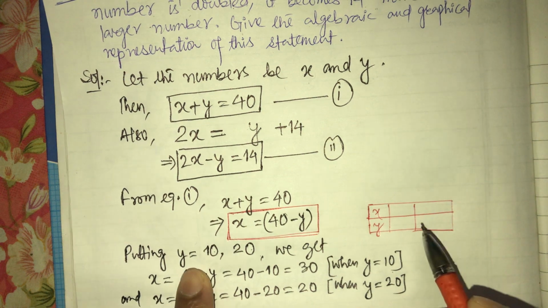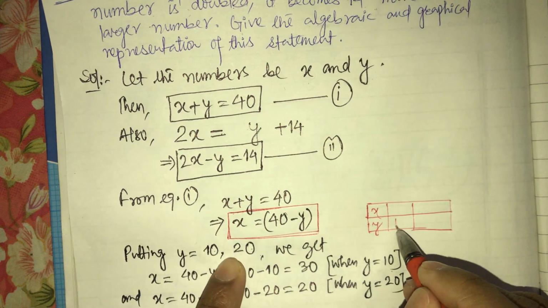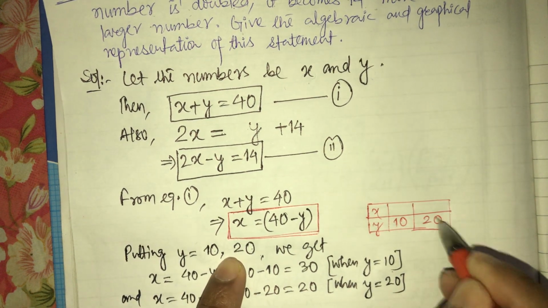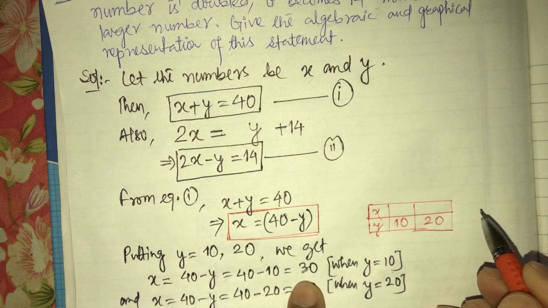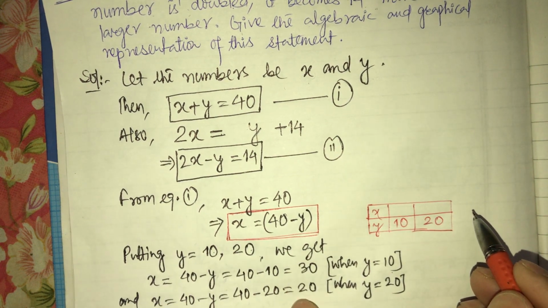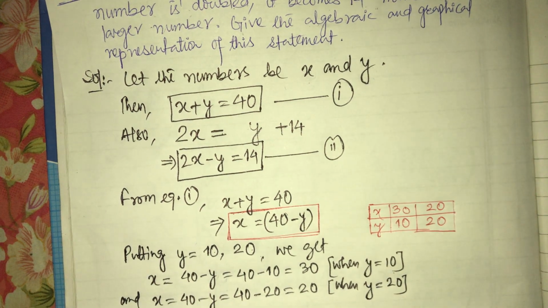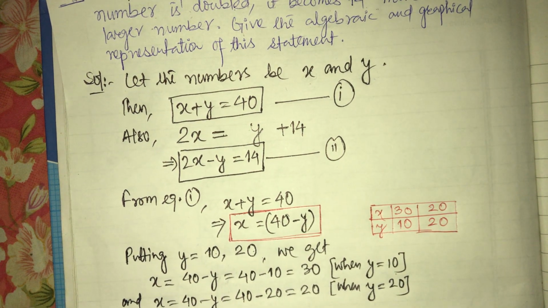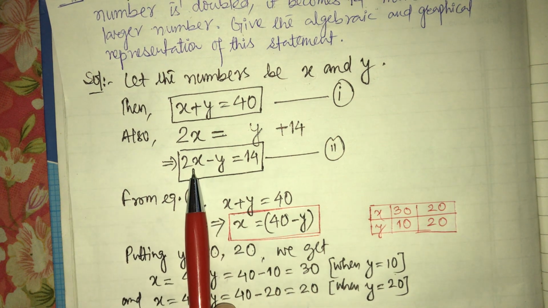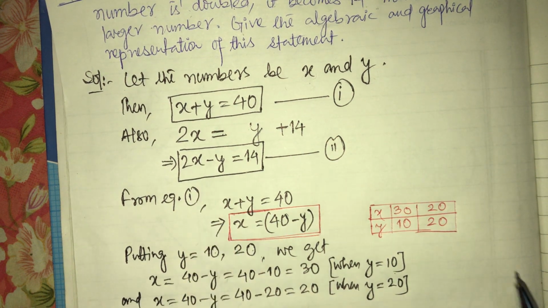First we assume the value of y as 10 and 20, so let me write 10, 20 for y, and accordingly x becomes 30 and 20. So the first table is ready. Now we shall go for the second equation. We'll use the second equation to get the second table.